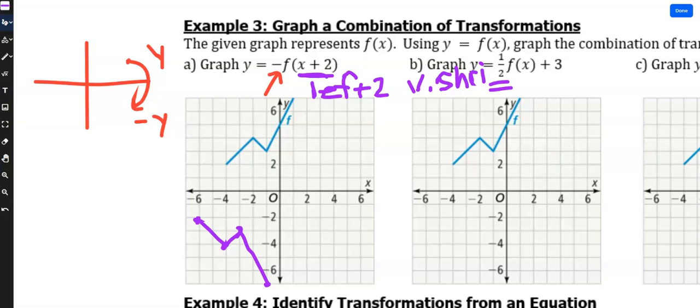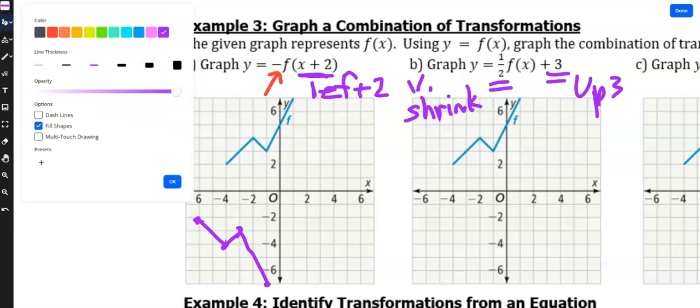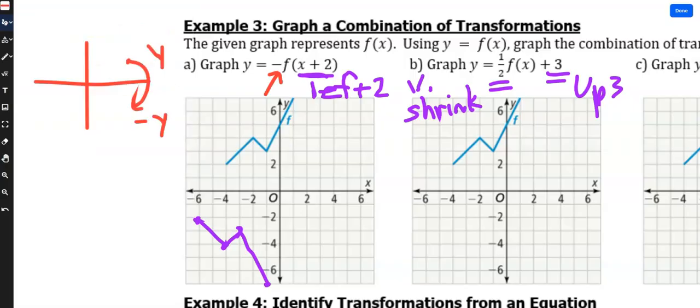And I'm not writing very small, am I? And then, of course, this is on the outside, and it matches our common sense. So that's up 3. So vertical shrink by 1/2. So let's start with that. Do that in the red.